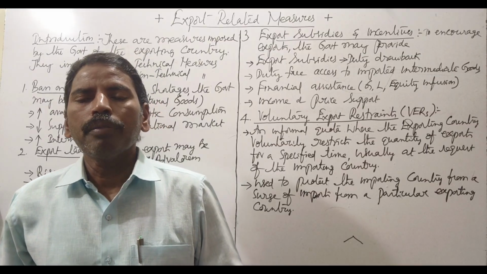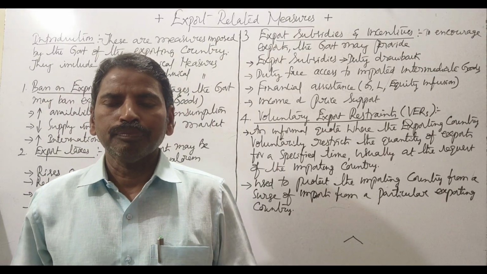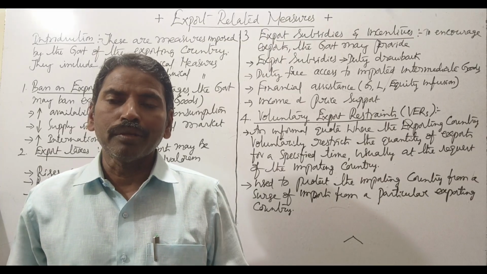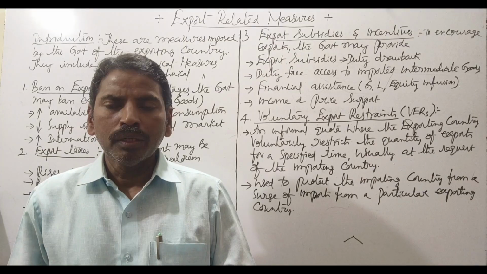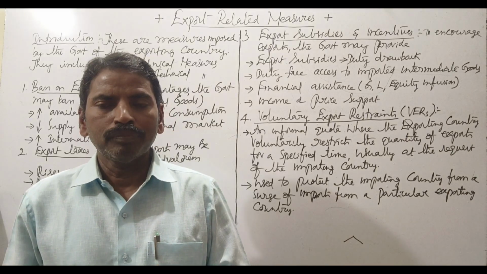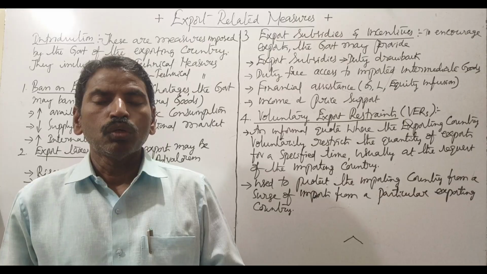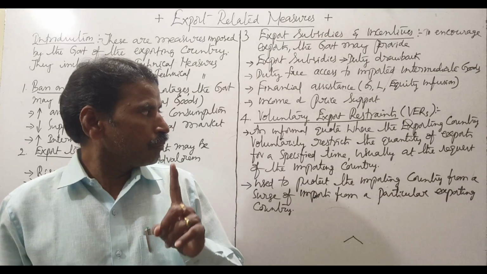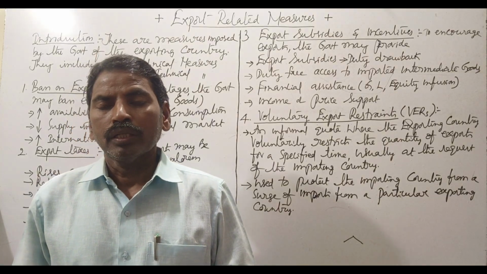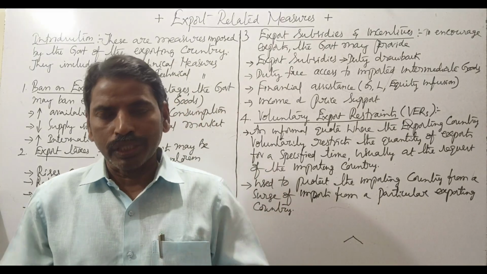In this video, we will discuss export related measures. Export related measures are ban on exports, export tax, export subsidies and incentives, voluntary export restraints. These four are called export related measures.